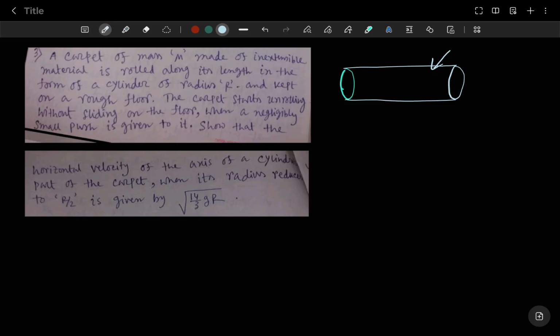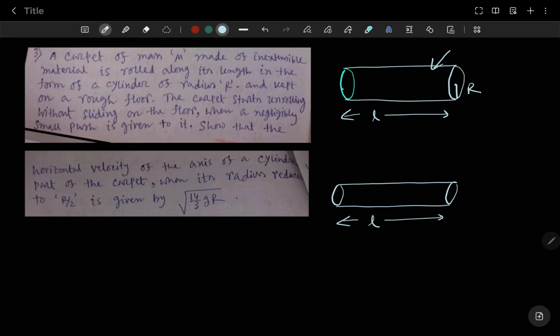It says that the length is L and the radius is R. During the unrolling, obviously the carpet will become narrower. When the radius becomes R by 2, the length will be the same, and in this problem they asked you to find the velocity of the center of mass.